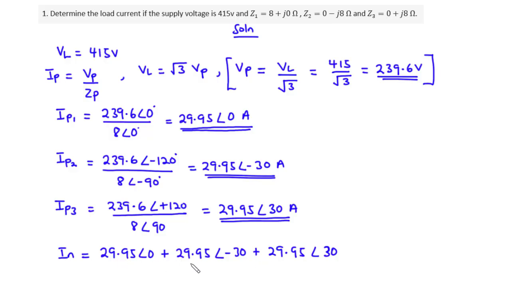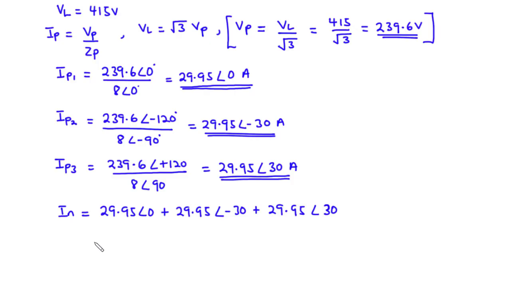Now because these are all phasors, we can group them into their x and y components, that is the real and imaginary components. So for the real component, which is called the x component, we have 29.95 cos 0 plus 29.95 cos negative 30 plus 29.95 cos 30.